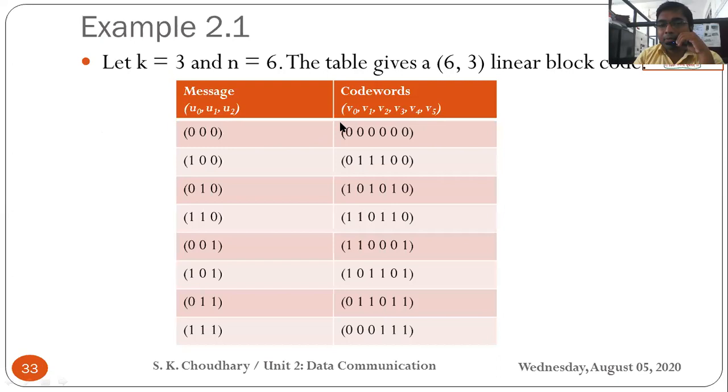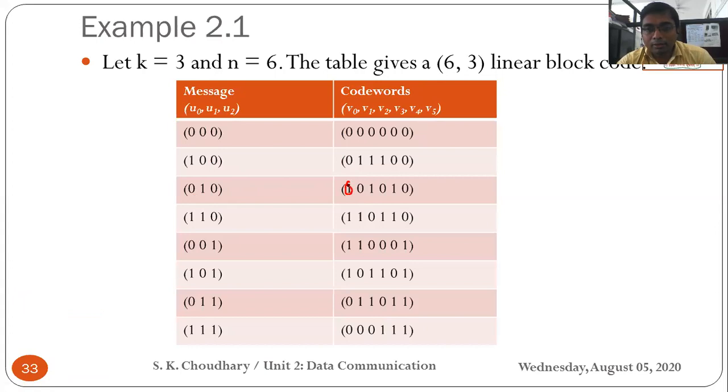If you look at this column, the MSB column, this is the representation of V0. When you add U1 plus U2, see here: 0 plus 0 is 0, 0 plus 0 is 0, 1 plus 0 is 1, as per modulo 2 addition.